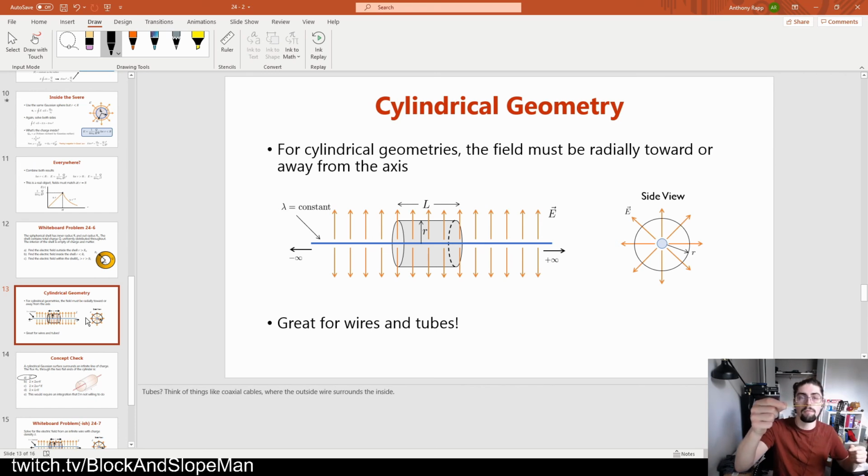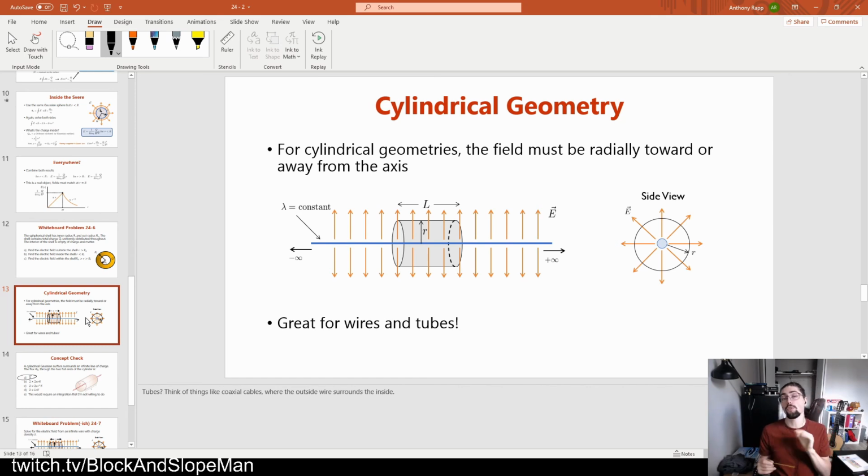If I wanted to know what the electric field is at the tip of my finger right here, I can argue that this wire is much, much longer than that distance away. I might as well assume it's infinite. But if I was trying to find the electric field all the way here, now there's a much greater difference. That much greater difference means that I can definitely see how finite this wire actually is. I'm going to have to treat this a lot more like the rod than an infinite wire, as if I had been very, very close.